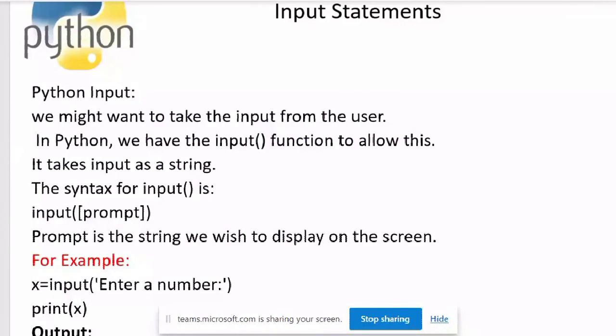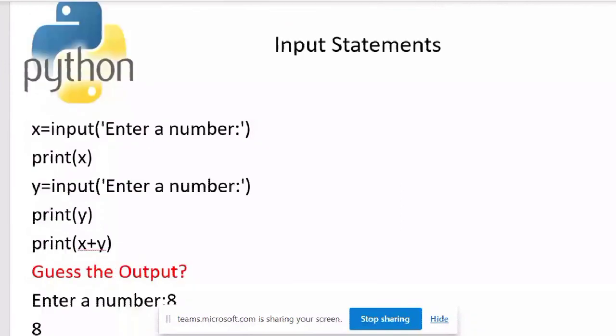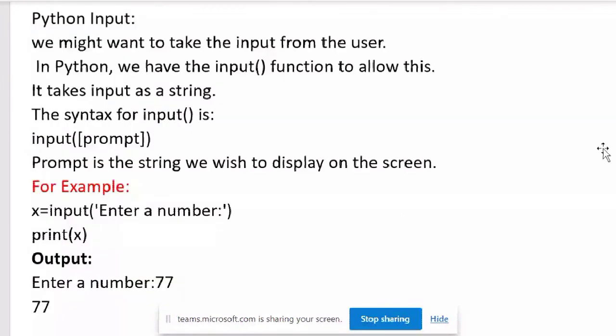If I want to ask the user to enter a number, then we write input, and inside the parentheses within quotes we put that question, like enter a number. Then you can print that on the screen, right? Yes, sir. So this is the input method.